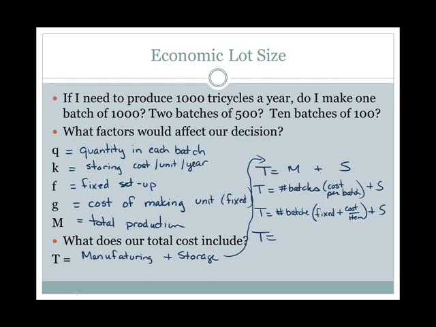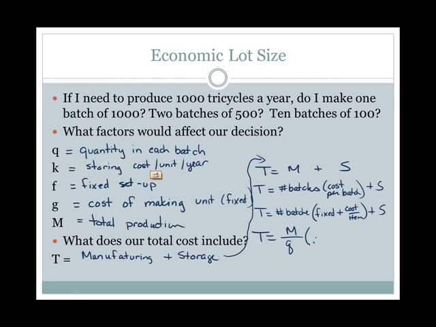The number of batches that we're doing would be how much we need total. So how many t-shirts do we need total, and how many are we putting in each batch? So the number of batches would be the total production. We need 1,000 tricycles divided by how much we're putting in each batch.